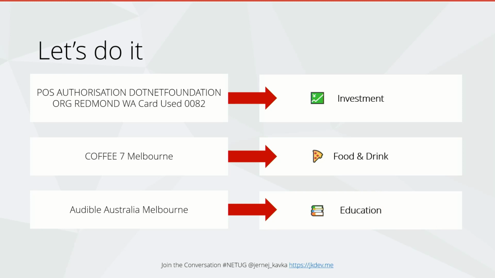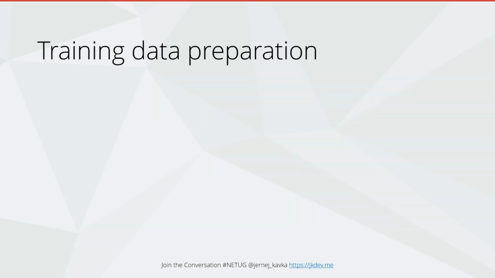And to show you how this is done, I'll show you roughly how I did my demo, my prototype, getting from bank transaction descriptions to categories. So first, I had to have training data.